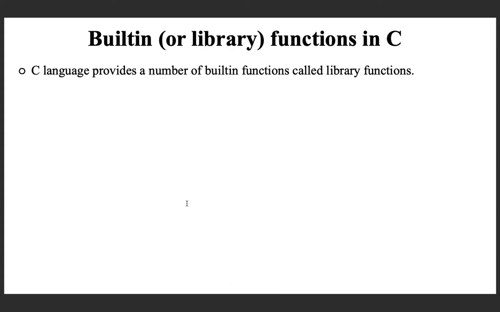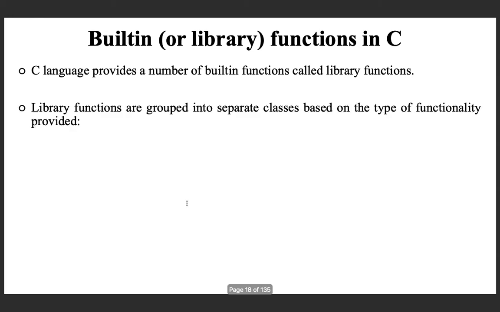Before that, what are library functions? C language provides a number of built-in functions called library functions. And library functions are grouped into separate classes based on the type of functionality provided.